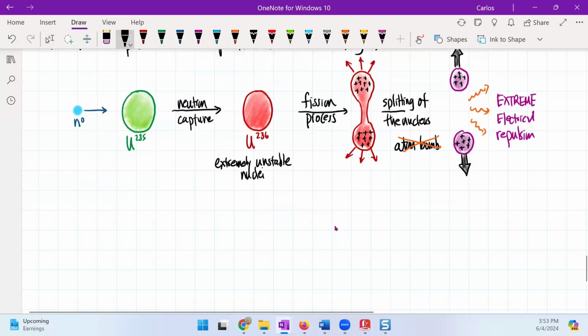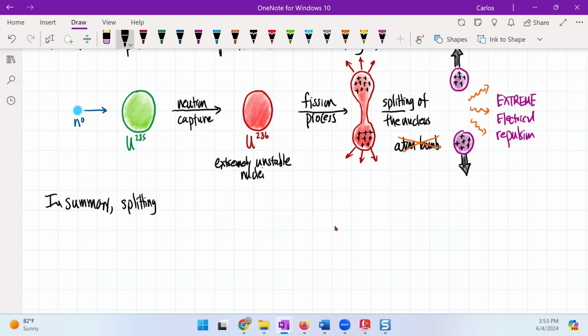So in summary, splitting a nucleus is the basis of a nuclear bomb.